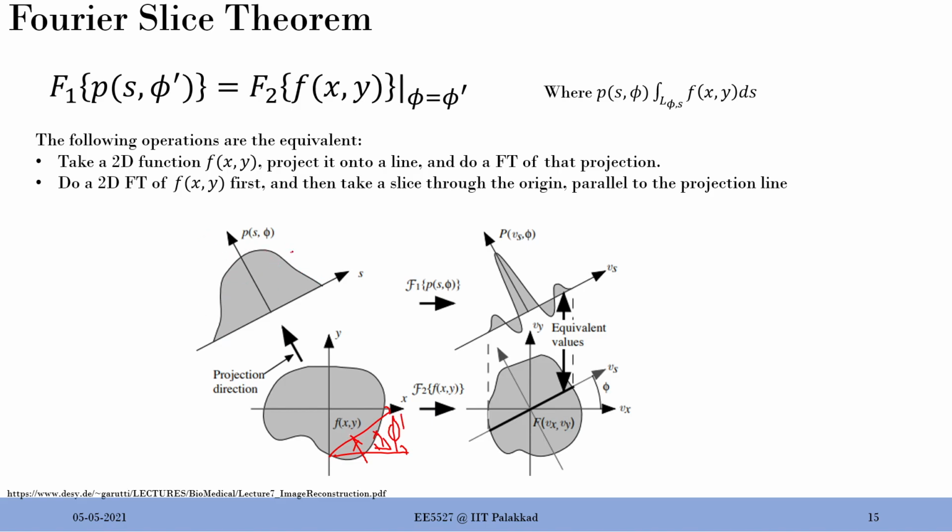If I take the Fourier transform of this projection, I end up getting this. Now the original Fourier transform is an unknown factor, not really available to me, but if I had this scene available, I take the Fourier transform of that scene and I get this. And the same slice at this angle, if I take it and plot it, looks like this. So they are exactly the same.